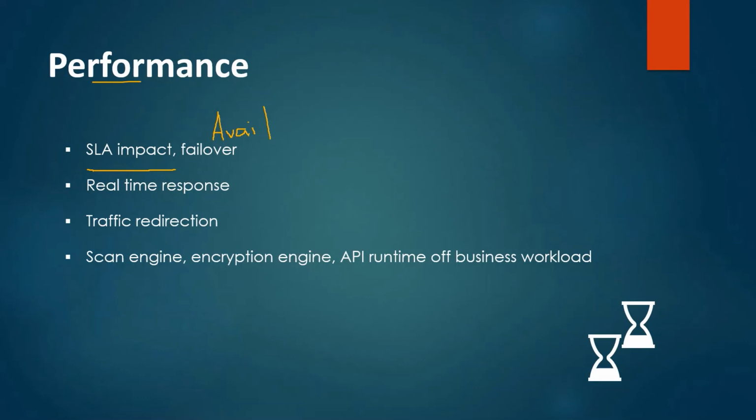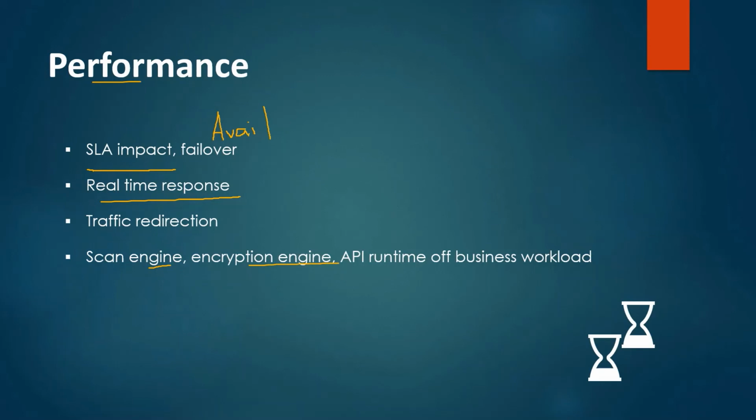In terms of CASB, what's really a big concern is the real-time response, because traffic redirection will lead to some latency in the response, along with the enforcement controls that may require a scanning engine and encryption engine. The running of the engine takes some time and takes up some resources.